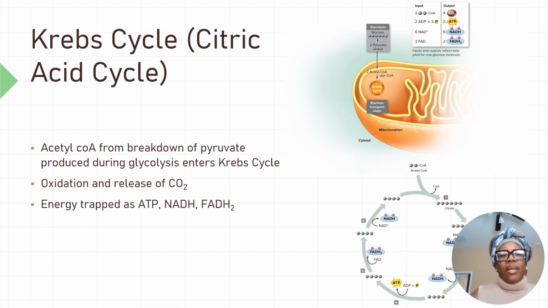During the Krebs cycle, an oxidation reaction occurs and there is a release of carbon dioxide. So carbon dioxide is produced and released during the Krebs cycle. Energy is trapped now as ATP, NADH, and FADH or FAD.